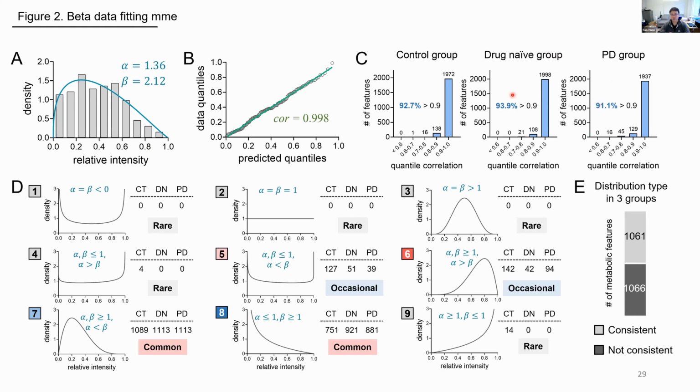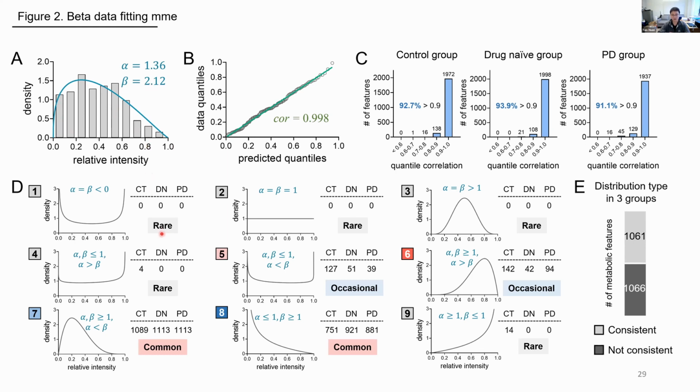For each metabolic feature, we can plot the distribution of relative intensities, and then fit the beta distribution and find the best alpha and beta values to fit it.